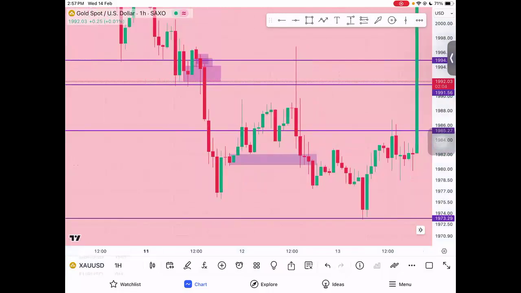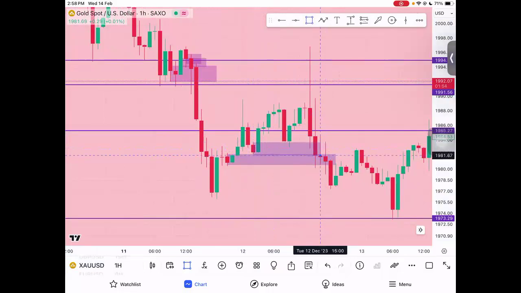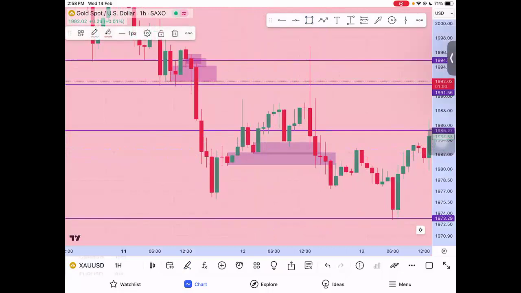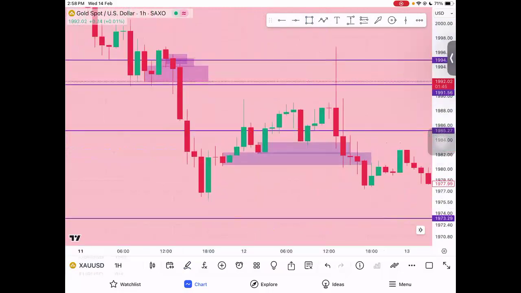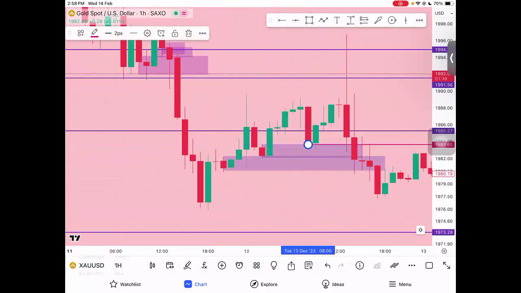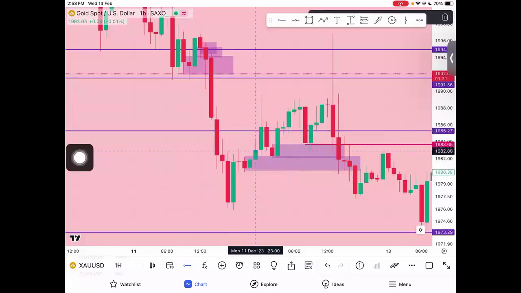Correct. Yes, your H1 EG. You need to wait EG to EG. Then when it performs, this will be your entry inside this zone. If you precise to M15, you wait for M15 to form. You already have entry inside here.